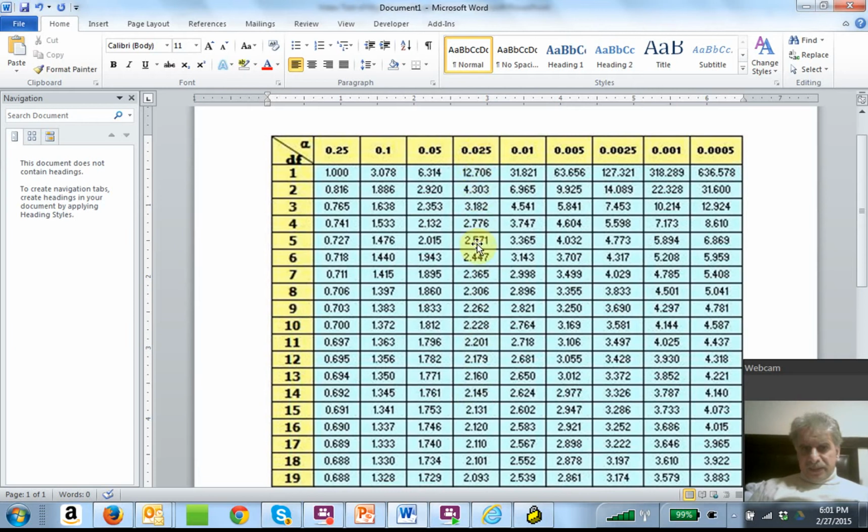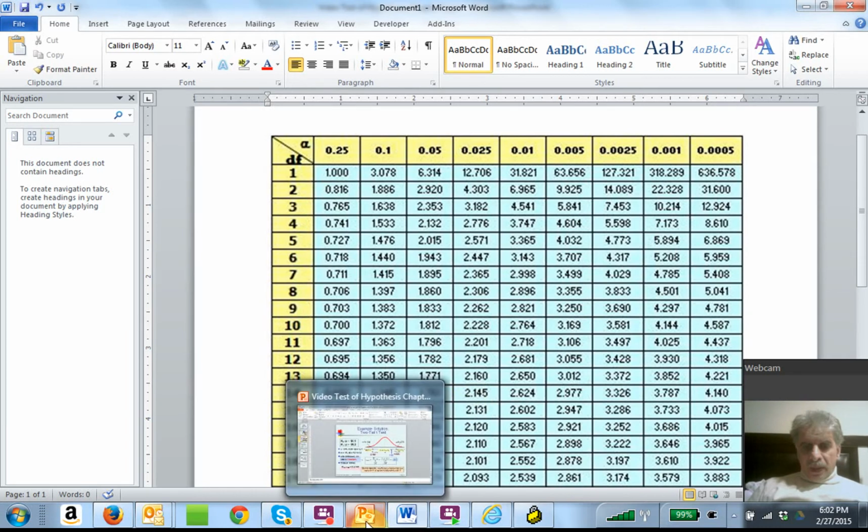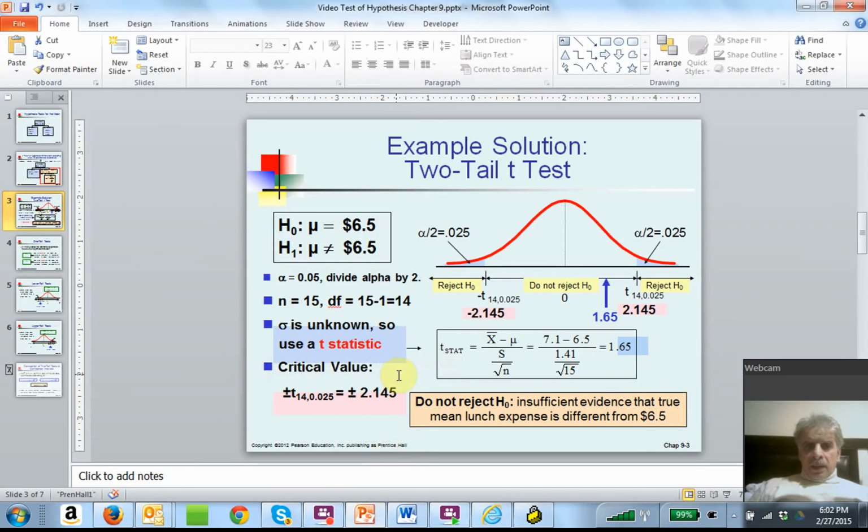So my T of table is 2.145. Let me go back to my PowerPoint and basically I come up with critical value for T plus minus 2.145.